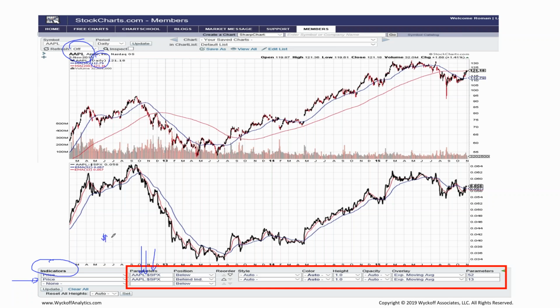You could write $ symbol, division sign, and then a market proxy. So for instance, I could say S&P 500, SPX. And then on all of the charts, whatever symbol I'm going to enter there automatically is going to create the relative strength ratio price line for that symbol in the S&P. And this is how it's going to look.